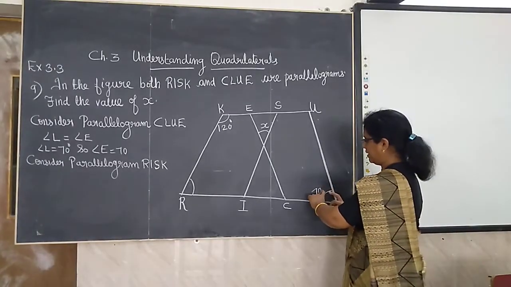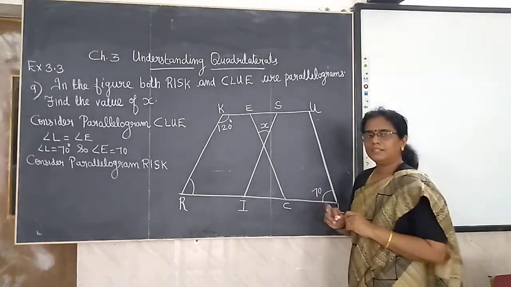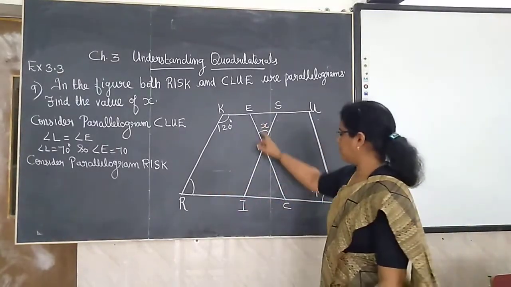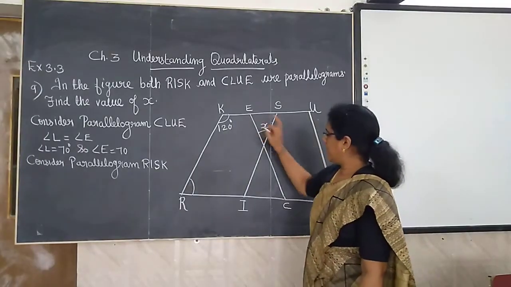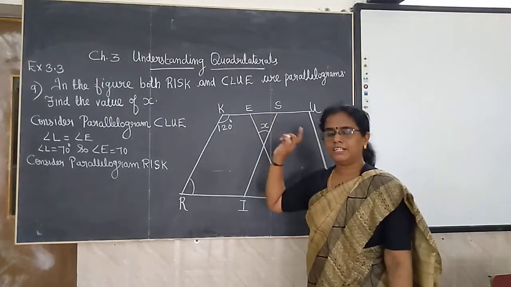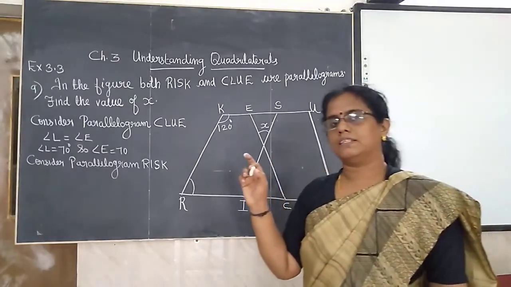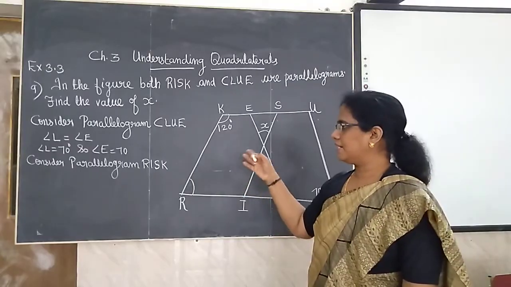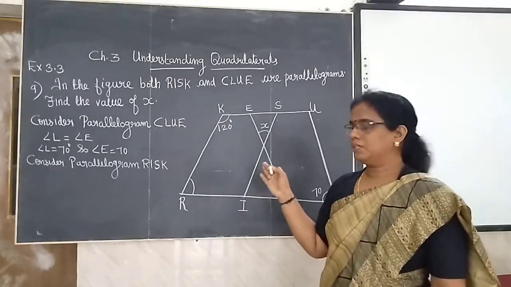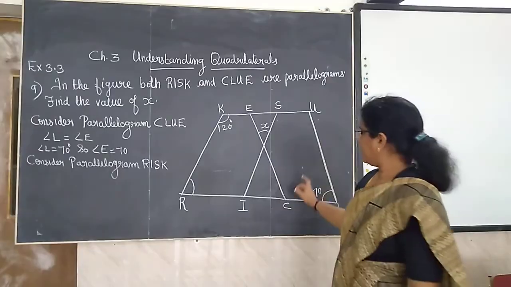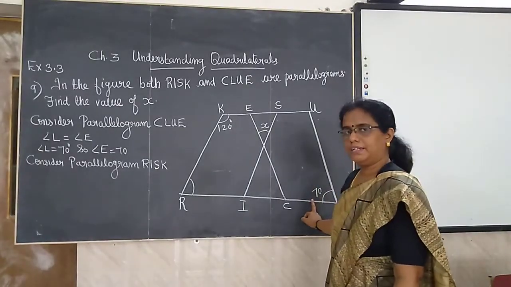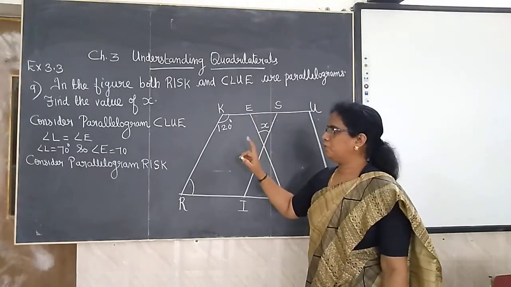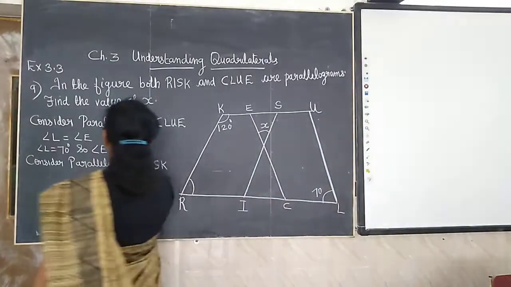We know angle L and angle E are opposite angles in the parallelogram, and by the properties of the parallelogram, opposite angles are equal. So angle L is 70 degrees, so angle E is also 70 degrees, because opposite angles of a parallelogram are equal.